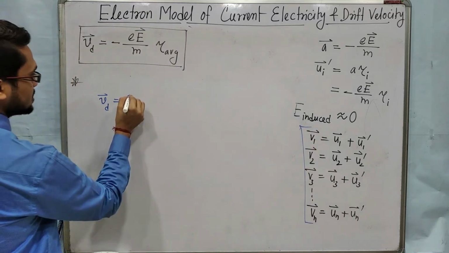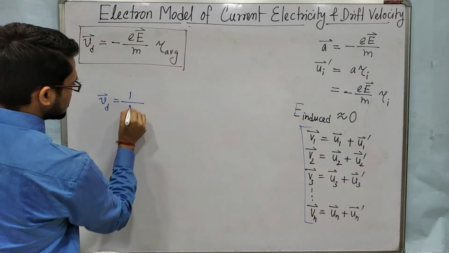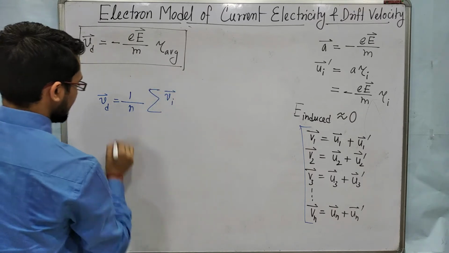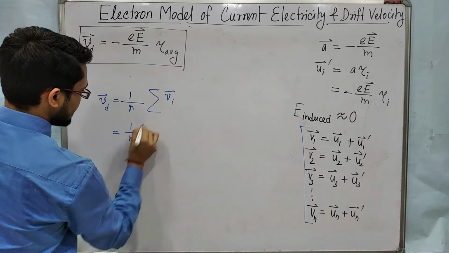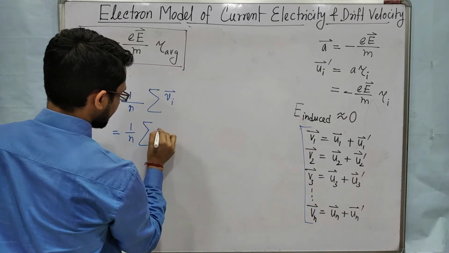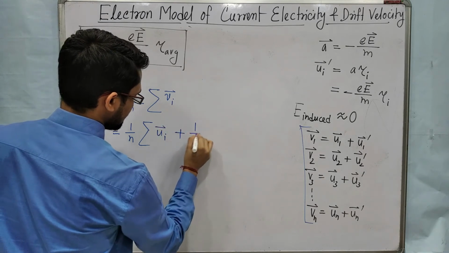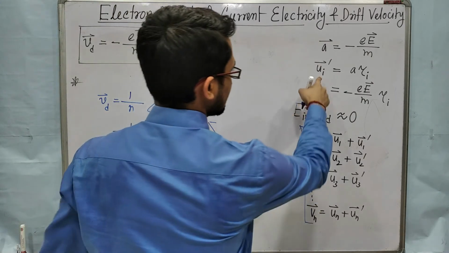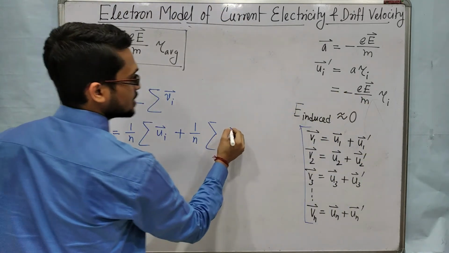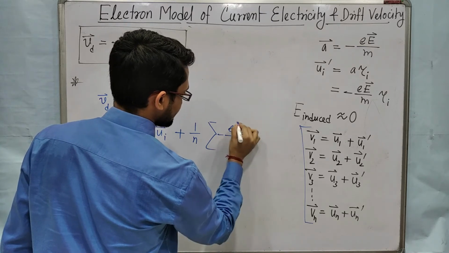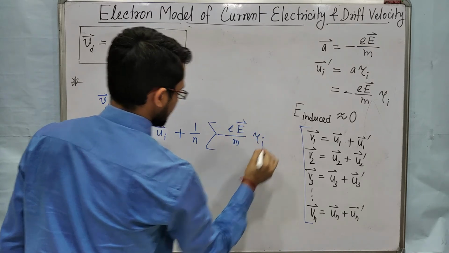Average of these velocities. Suppose there are n number of electrons, so 1 by n summation Vi. So it will be 1 by n summation ui, plus 1 by n summation ui prime. Now ui prime means E by m into tau i.